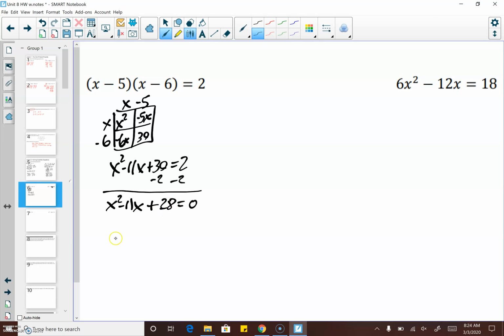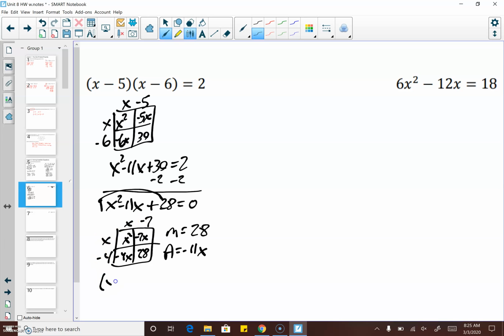So now we can continue with our factoring. So x squared minus 11x plus 28. Multiply 1 by 28, you get 28, and adds to negative 11. So multiplies to 28, adds to negative 11 would be negative 7x and negative 4x. So GCF, you get x minus 7 minus 4.